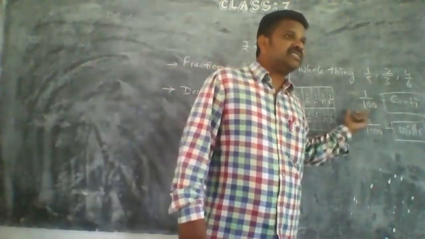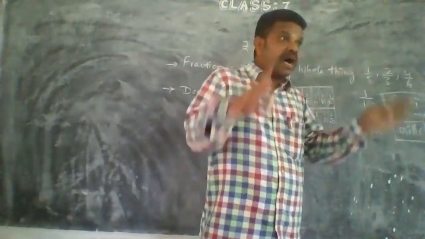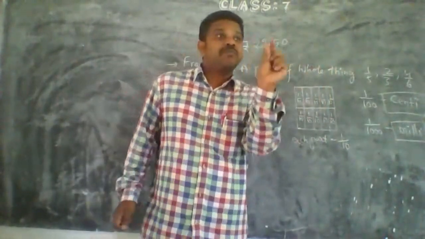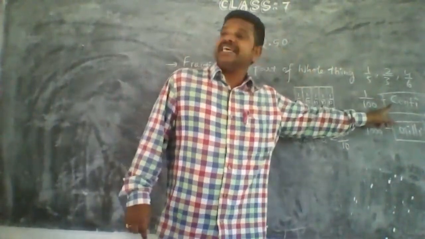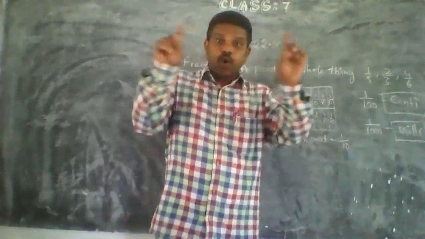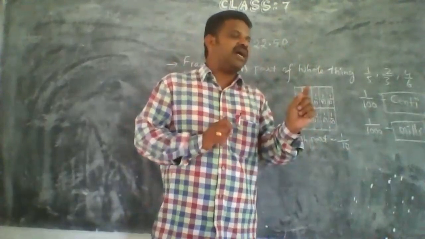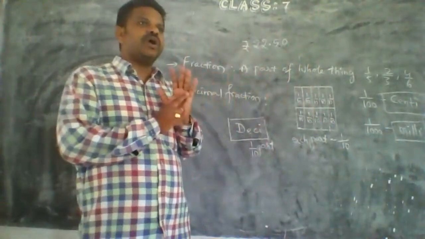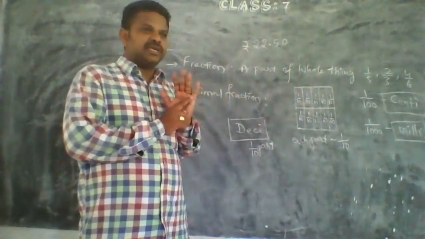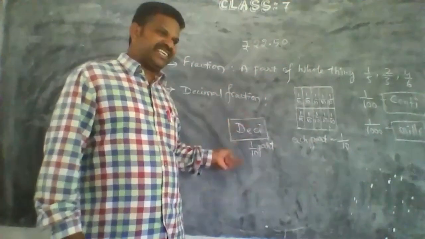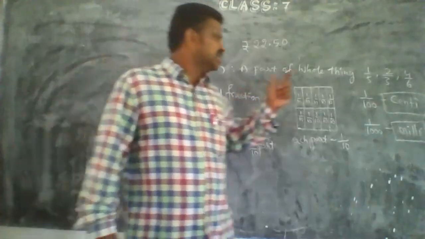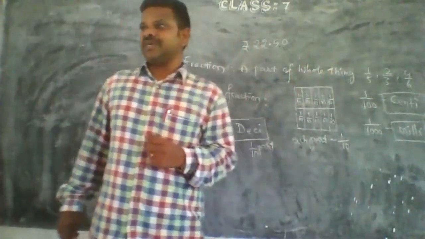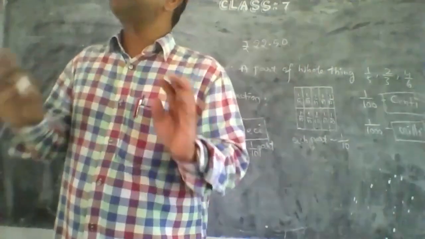Centi: when the box is divided into 100 parts, one part is called a centi. When the whole thing is divided into 1000 parts, one part is a milli. In order to know about the places, deci is 1/10 part, centi is 1/100th part, and milli is 1/1000th part. So this is all about the places.